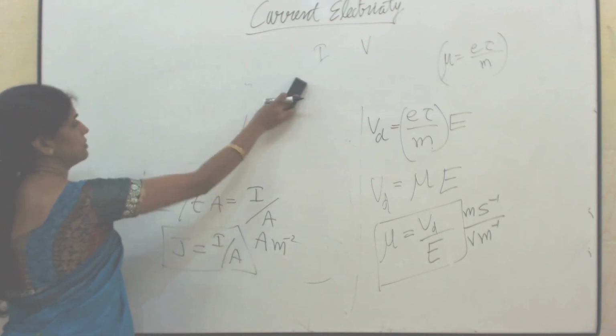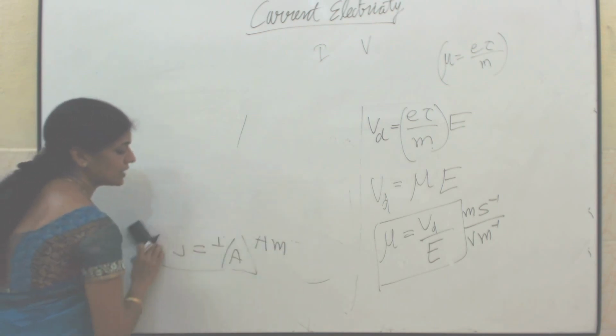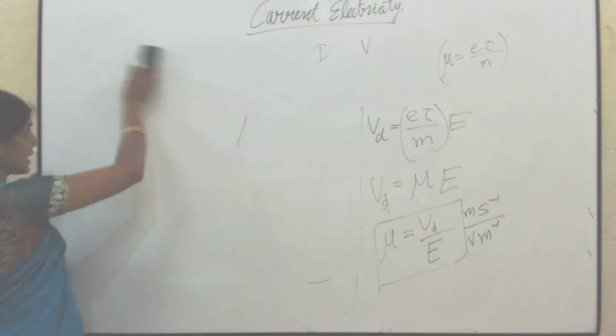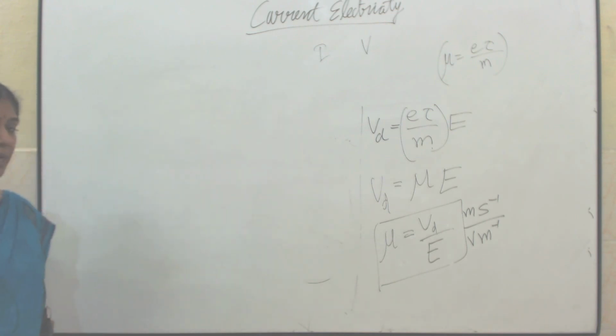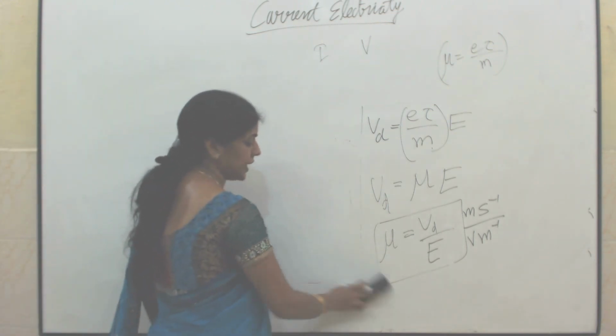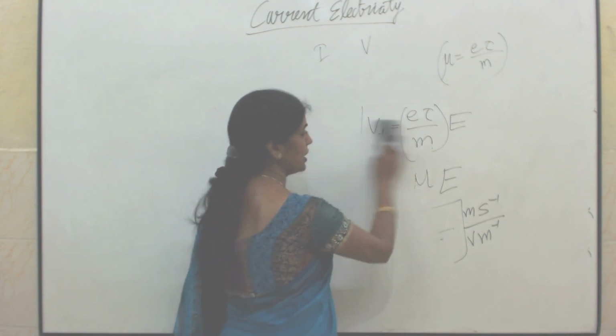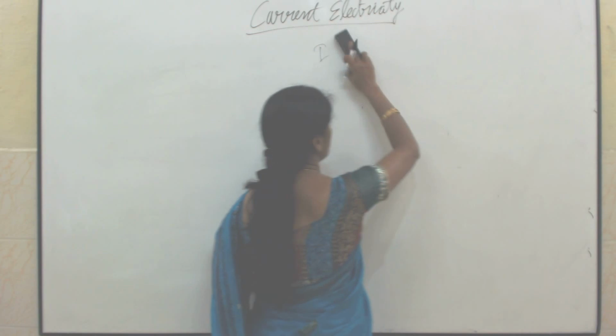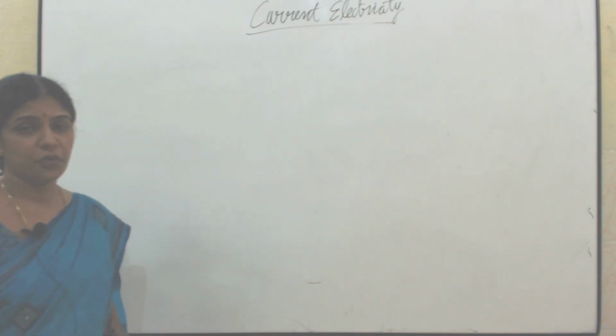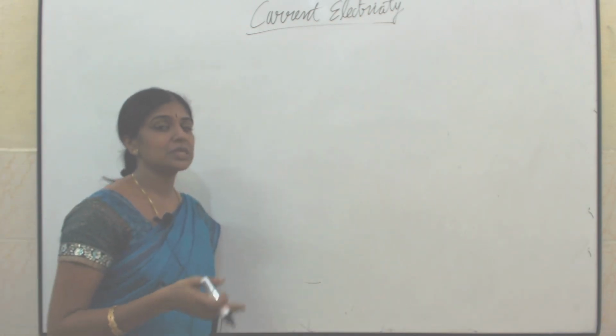So far what have we seen? What is meant by current? How to make the charges flow in a definite direction by applying some external energy. That external energy we call the electromotive force. So electromotive force means it is nothing but a force. Is it a force? It is not at all a force.